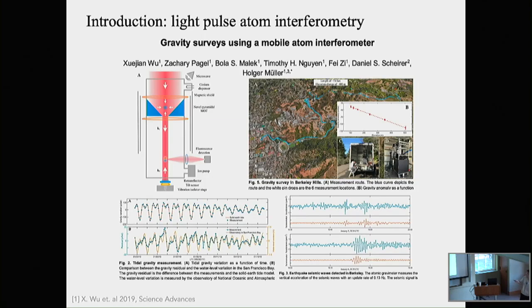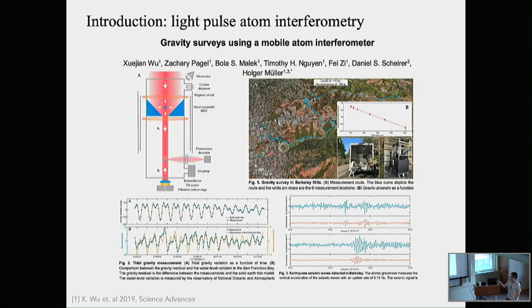It's also designed to be mobile, so you can see the size of the interferometer. It can fit in a truck. We put the atom interferometer in a truck and drive along the Berkeley Hills to do a gravity survey. This is the path of the truck. We park the truck at different places, tune the apparatus for 10 seconds, and measure gravity in that place for 2 minutes.